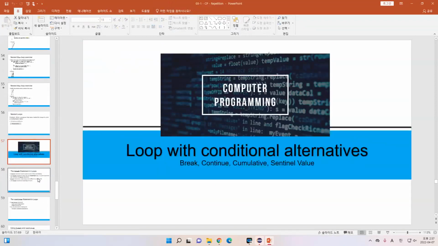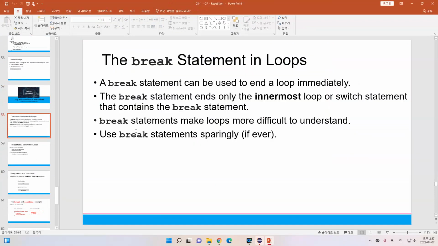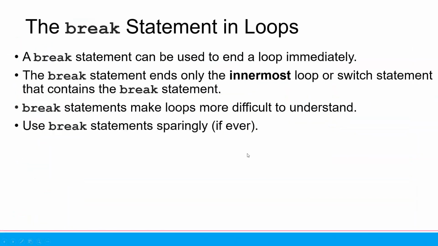Now we are going to learn about some conditional alternatives. When we have the condition and we want to combine with the repetition, there are some other statements that we can learn. The first is break statement.